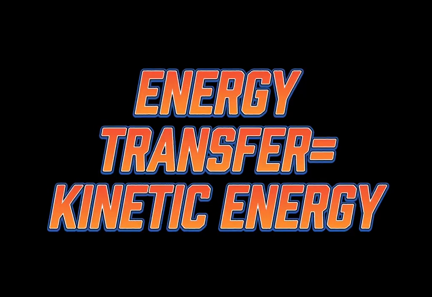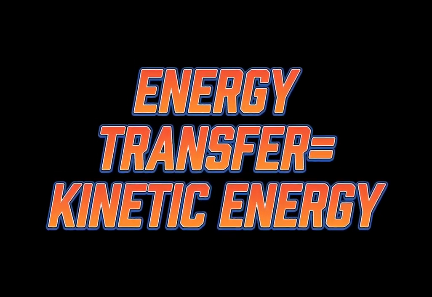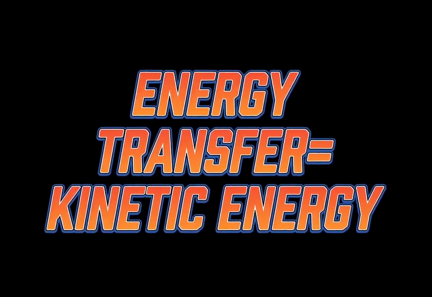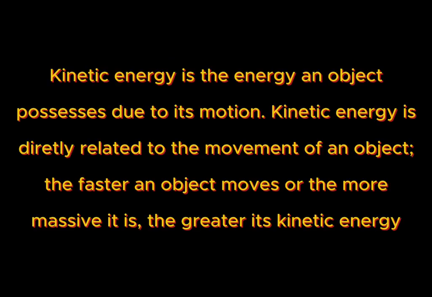Now, let's talk about energy transfer. But before we talk about energy transfer, let's define kinetic energy, and you'll see why it's important to define in just a moment. Now, kinetic energy is the energy an object possesses because it is moving, and the amount depends on the speed and mass of the object.